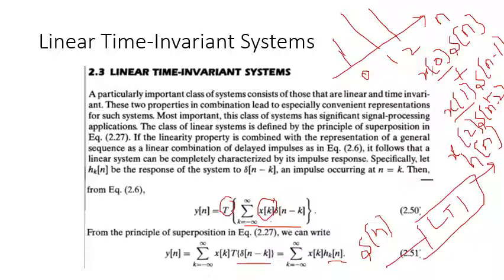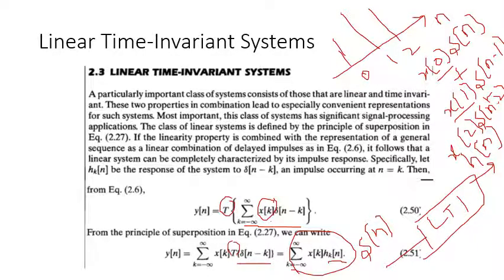So this is how we can completely characterize the linear system. You got my point: first we represent the input with the help of impulses, and then we pass these impulses through the LTI system. This is only possible if the system is LTI.